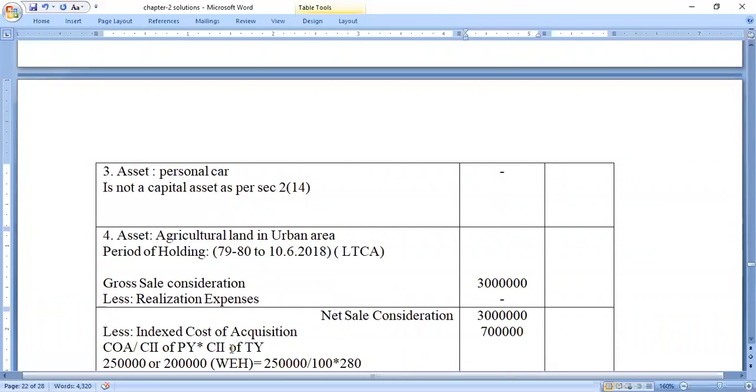The formula is cost of acquisition divided by CII of purchase year into CII of transfer year. So first calculate the cost of acquisition. Since the asset has been purchased before 1/4/2001, the cost of acquisition will be the purchase price or FMV as on 1/4/2001, whichever is higher.